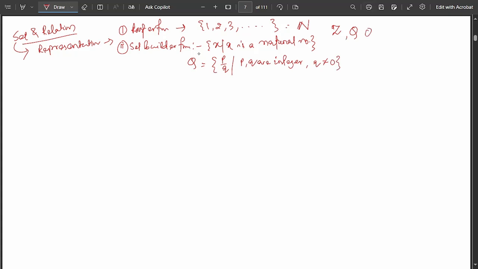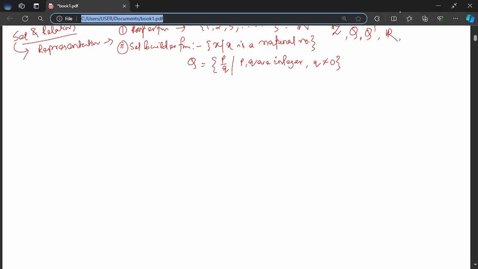Similarly, irrational numbers are represented as Q prime, real numbers as R, and complex numbers are represented as C.